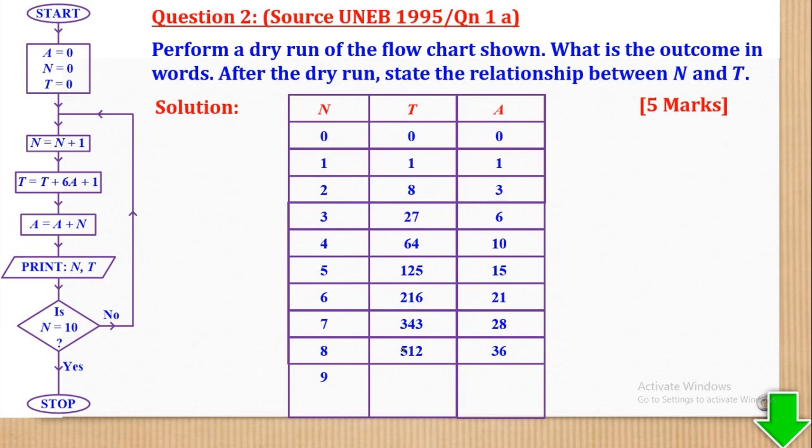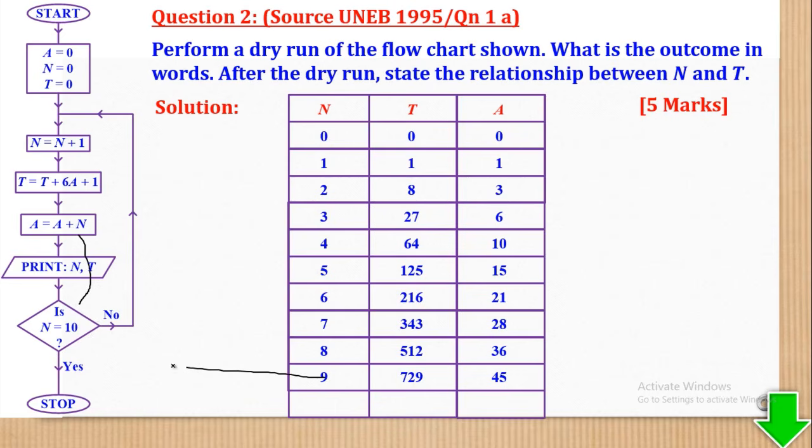and from there I will know that T is 512 and A is 36, therefore 512 plus 6 times 36 plus 1 gives you 729. Then from this, I'll go to this where A becomes A plus N, so this plus this gives you 45. Then from there, I will print and then ask myself this question.